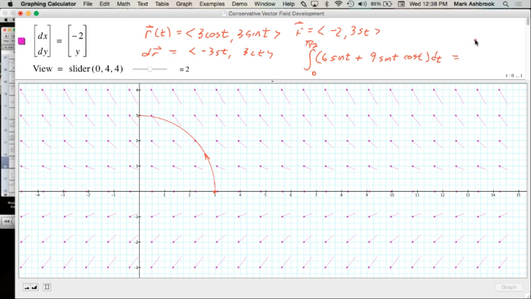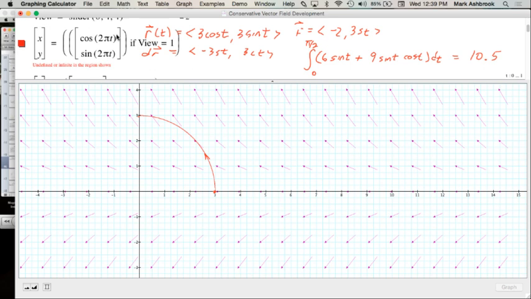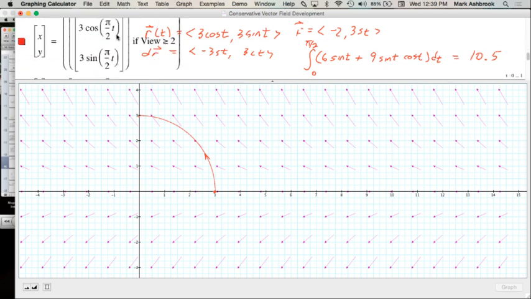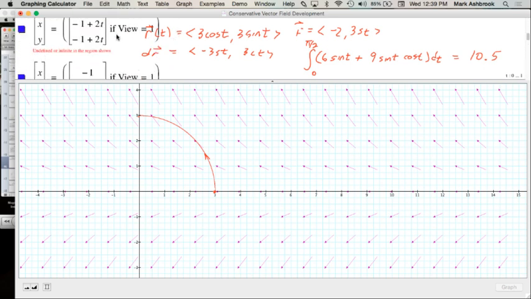Clearly from the picture, the field is going to push us along, right? The field is going to do work. It ends up being positive 10.5. I know that from before.